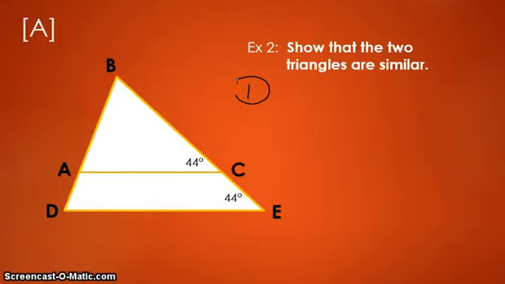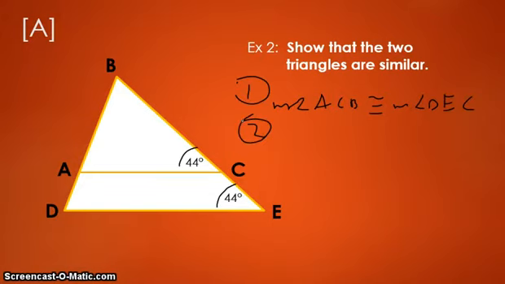We'll talk about that. The first one, though, we want to say that the measure of angle ACB is congruent to the measure of angle DEC. So we can see one pair is congruent. Without even knowing any other angle measures, we can come up with the second piece, the rest of what we need.